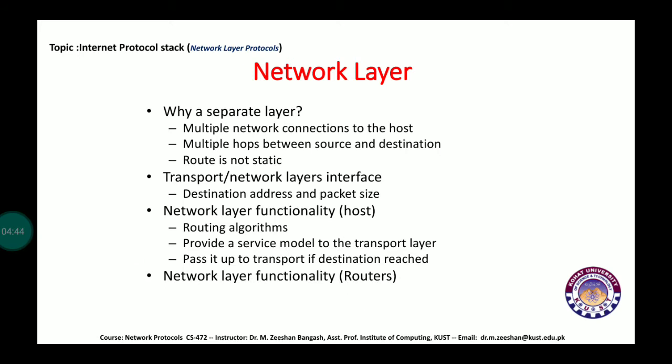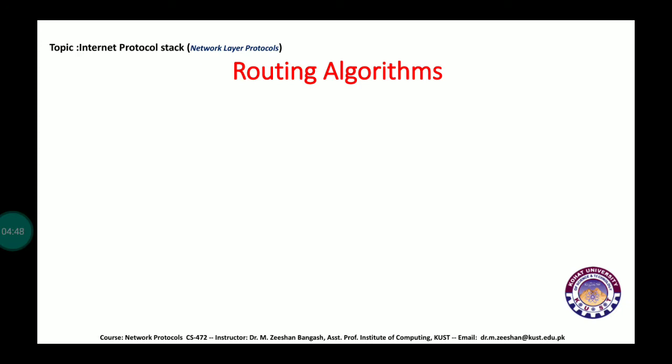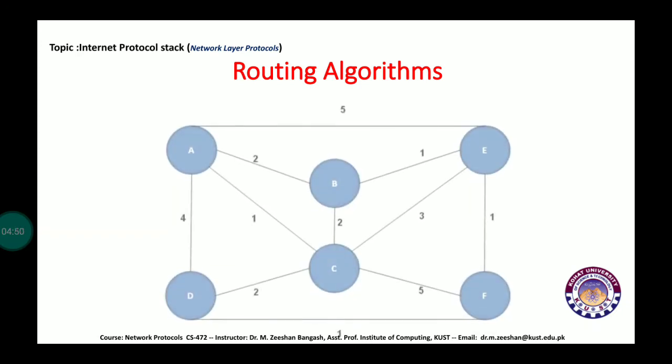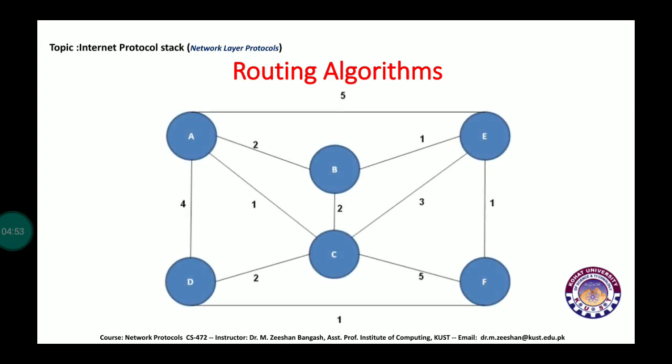So network layer functionality includes the routers and the routing algorithm. In the diagram you can notice that there are different networks, or we can call them nodes, that are interconnected to each other.